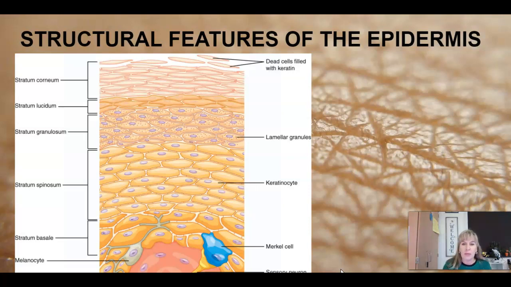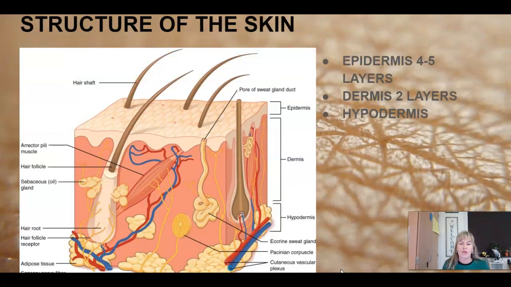Let's look a little bit deeper at the structure of the skin. You see the epidermal layer up there at the top. Those are the 5 layers we just spoke about. But remember, the epidermis only has 4 layers in most areas of the body. It's just the hairless areas, the soles of the feet and palms of the hand, that have that extra 5th layer, the stratum lucidum.